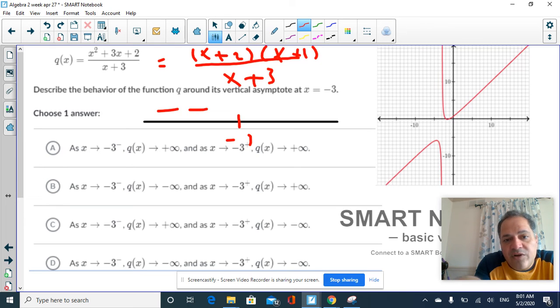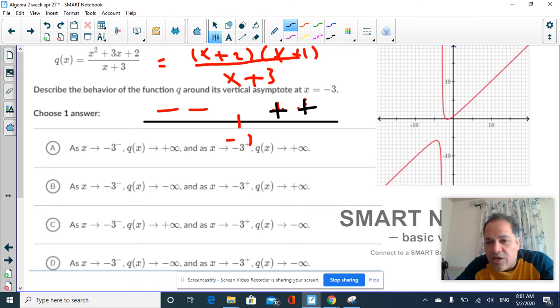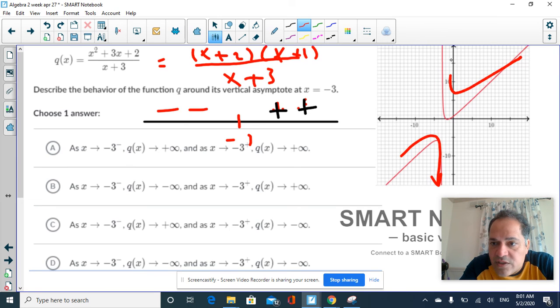If you plug in a number after -3, like 0, because you don't have zeros here, the function is positive. So from left it approaches negative, from right it approaches positive. If you look at the graph, from left it approaches negative, and from right it approaches positive, so it's negative infinity and positive infinity.